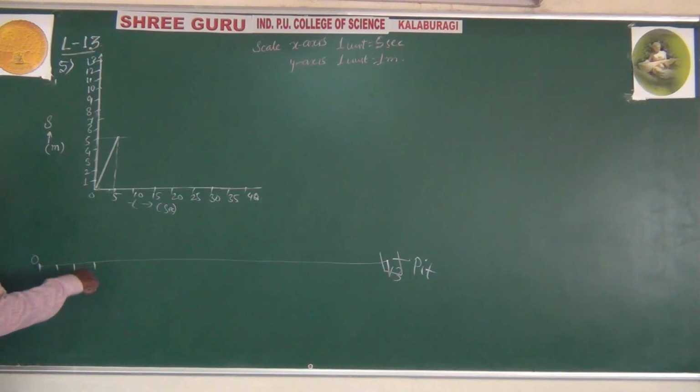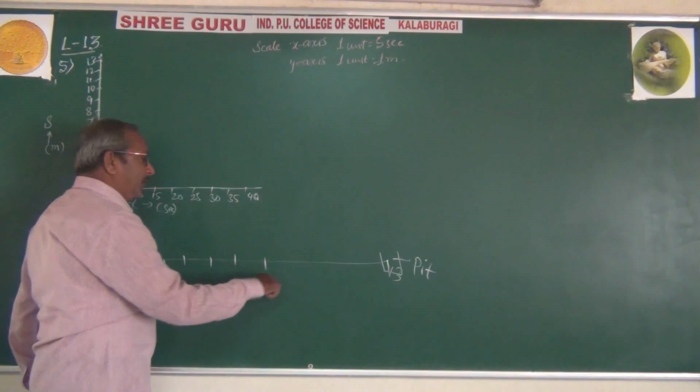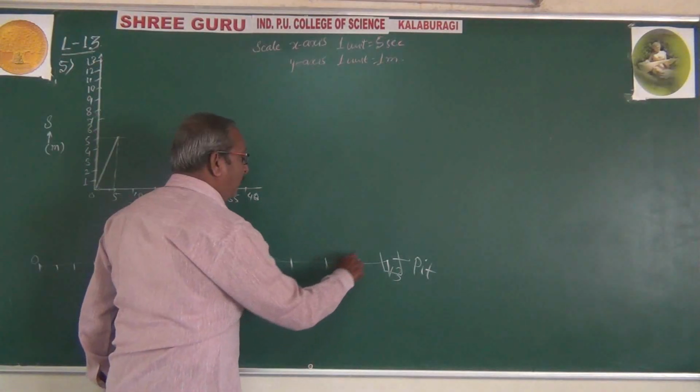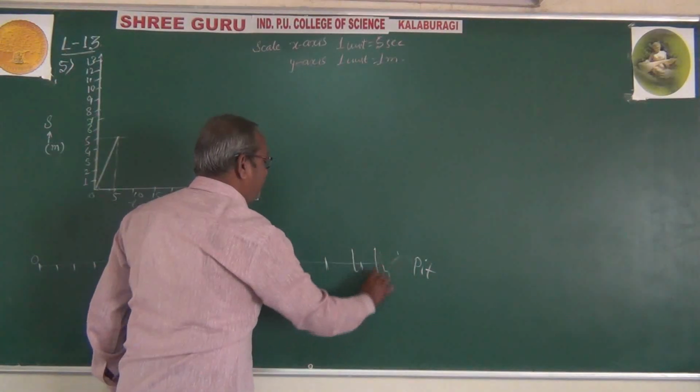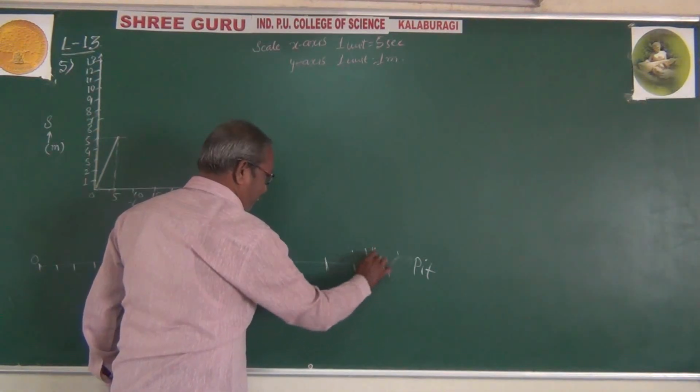Here are 1, 2, 3, 4, 5, 6, 7, 8, 9, 10, 11, 12, 13. This is 13.